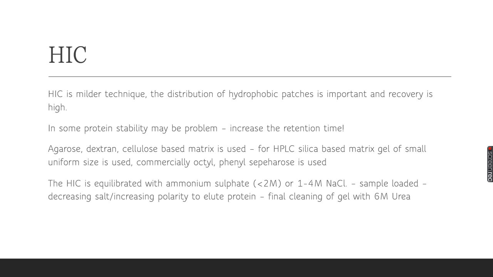Finally we can use a high concentration of urea, for example 6 molar urea, to take out any impurity which is bound to your column. For cleaning and reuse, the column can be reused if we treat it with a high concentration of urea, for example 6 molar.